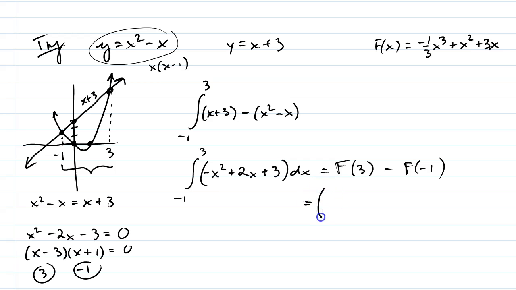Alright, -1/3 3 cubed plus 3 squared plus 3 times 3. And again, there's lots of negatives, so be careful to write it out.